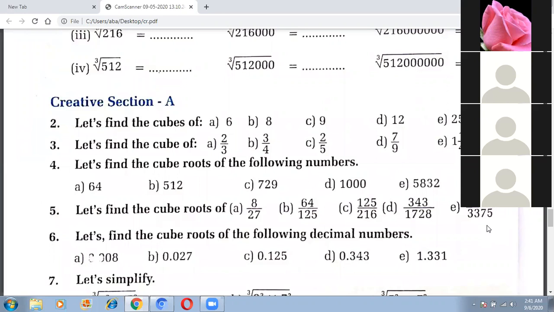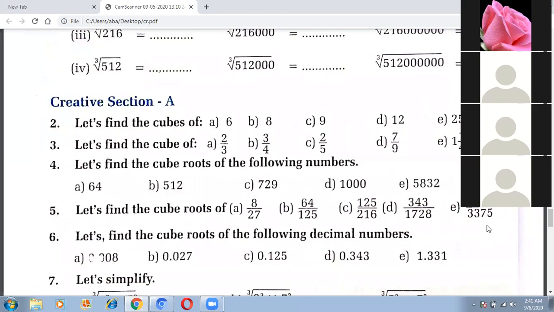All of you do by process. Don't write the direct answer. Cube of 6 equal to 216. Did you all understand or not? Cube of 6 equal to 6 cube. 6 cube means what? 6 into 6 into 6, 216.